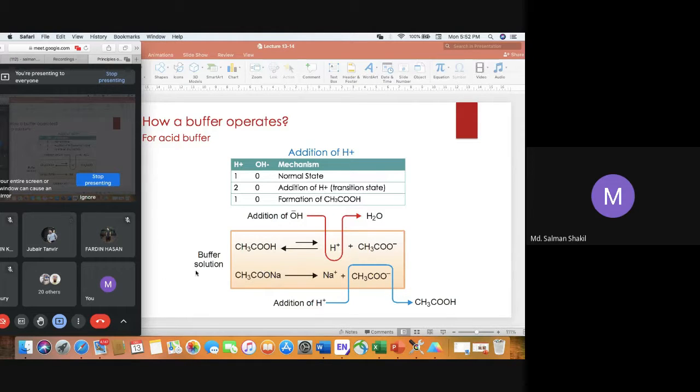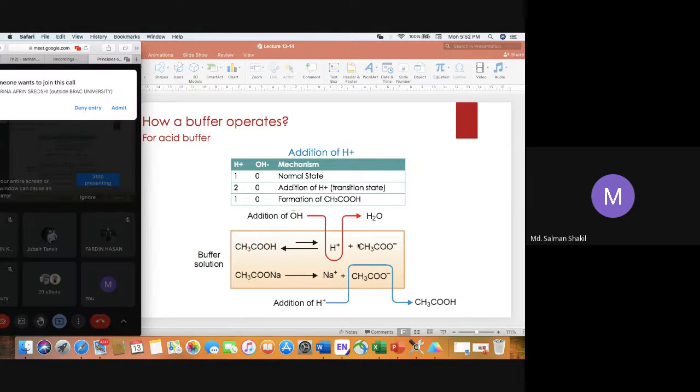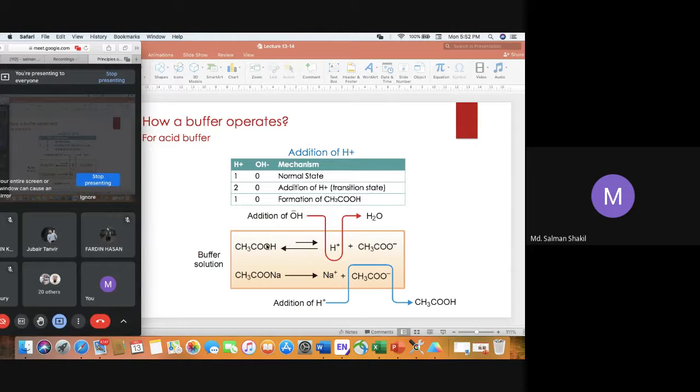Right, sir. And we know that this acid is weaker and this salt is stronger. So as this is stronger, it will dissociate 100%, right? Yes, sir. And as this is weaker, so it will dissociate less. Okay, so that means that the tendency of this reaction shifting to the forward reaction is less, but backward reaction is more, right? Okay. Yes, sir.